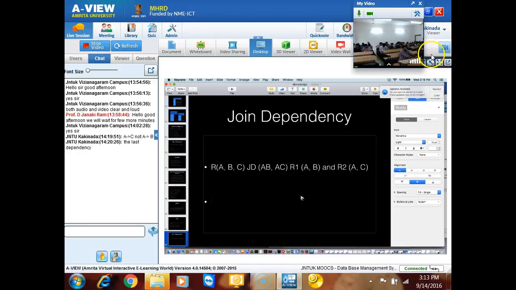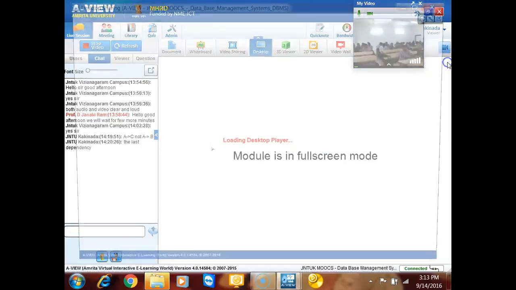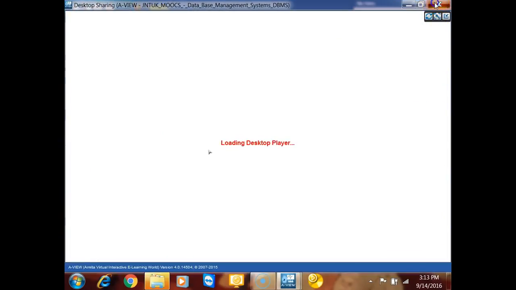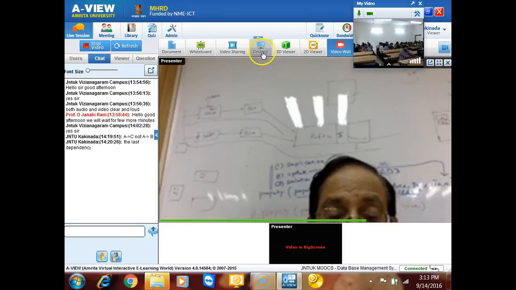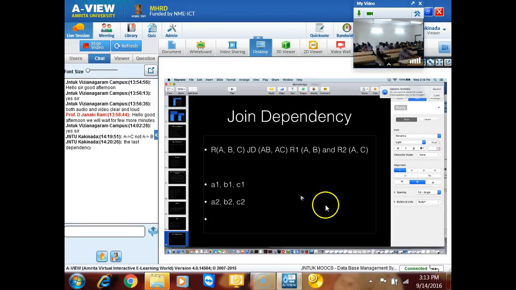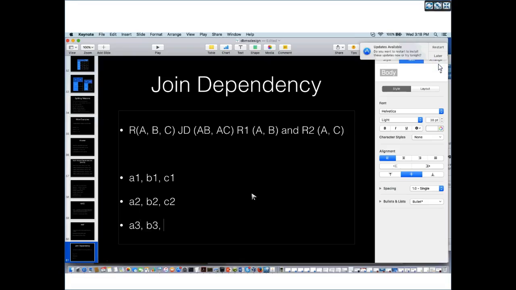As an example, we take this table as consisting of A1, B1, C1 and some set of tuples. Okay? Now A2, B2, C2. Okay? Now A3, B3, C3.